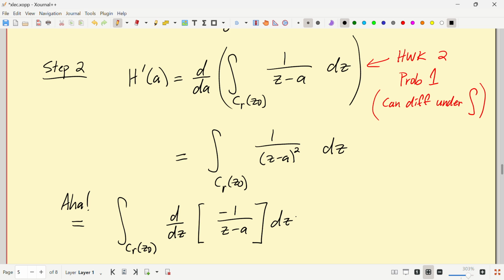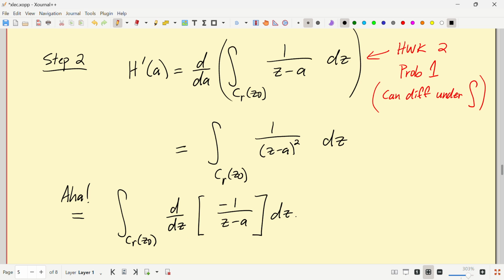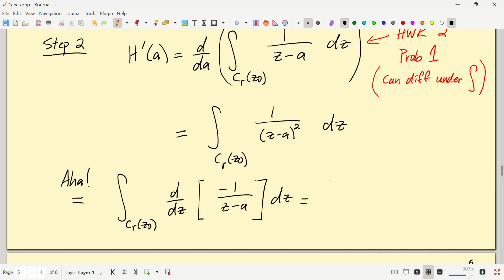And being the derivative of something, and we're going around a closed contour, that's going to be a big fat 0. So this is minus 1 over z minus a evaluated between the start and the end.